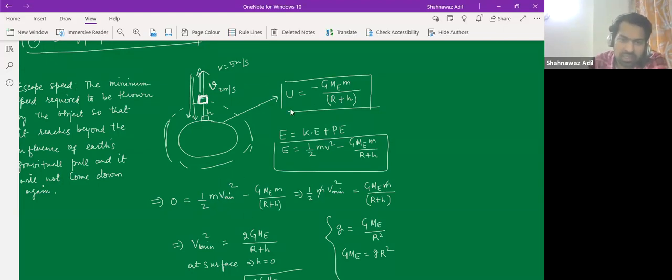If we are increasing the kinetic energy, then this negative energy is being negated, and the total energy is becoming nearly zero. When it reaches zero, all this potential energy has been changed into kinetic. So then we got this escape velocity, right? So that is why this is zero.